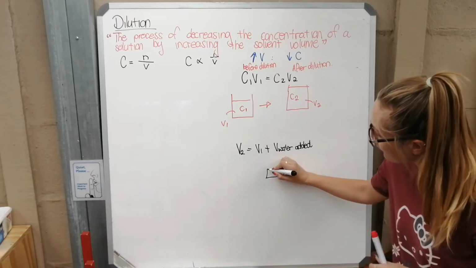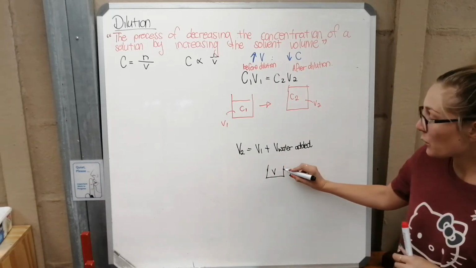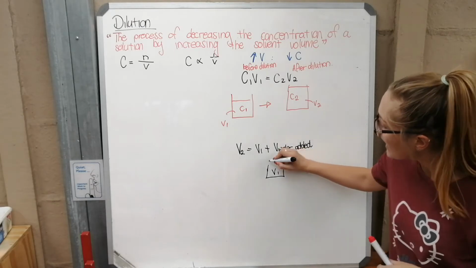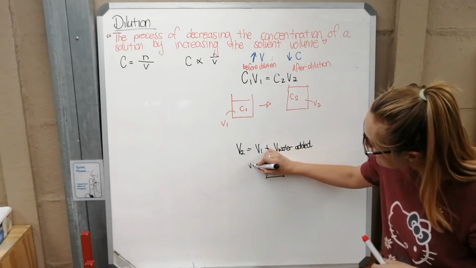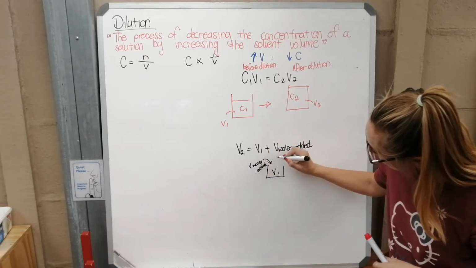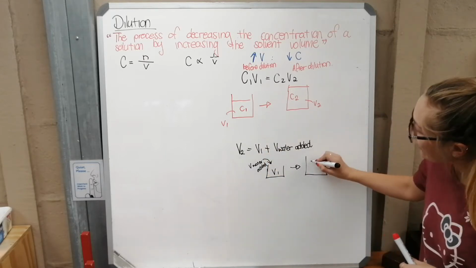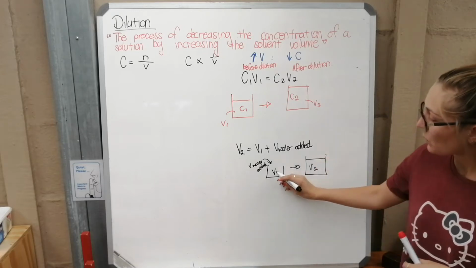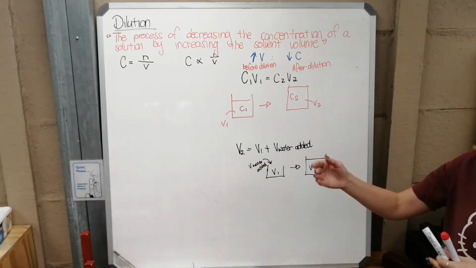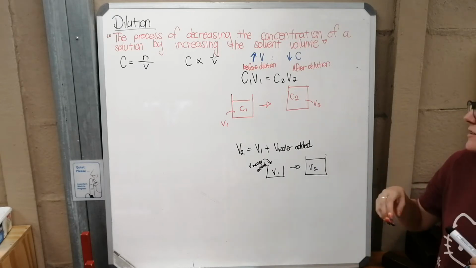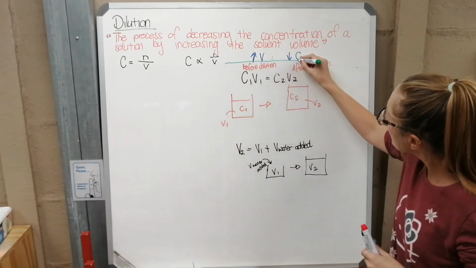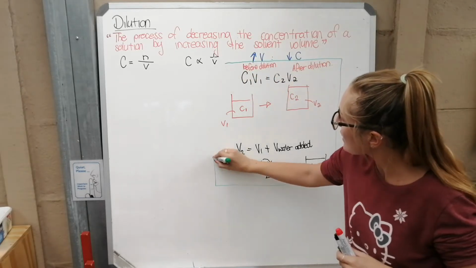If I have a certain volume of solvent that's involved in my solution, and I add water to it, I'm going to end up with a greater volume, V2. So V1 plus the water I've added to it will give me V2. That's just a logical step. It's not really a formula, it's more just a logical step. So these are our formulae for this section.